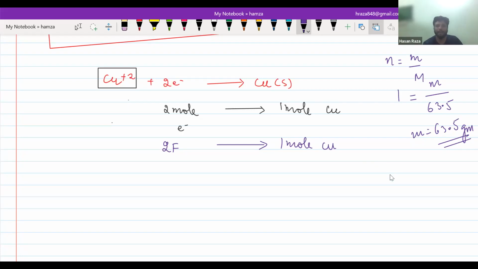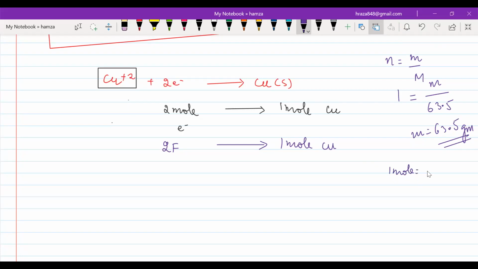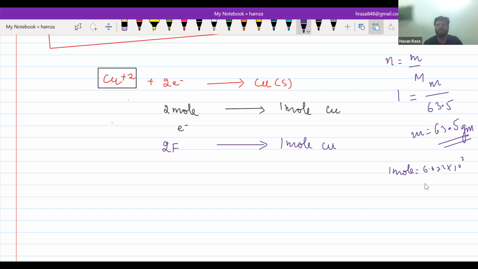As you know, 1 mole is equal to 6.022 into 10 raised to the power 23. 1 mole at STP will be equal to 22.4 liter. That's why it should also be known that 1 mole is equal to molar mass. Are you getting my point? Yes, sir.